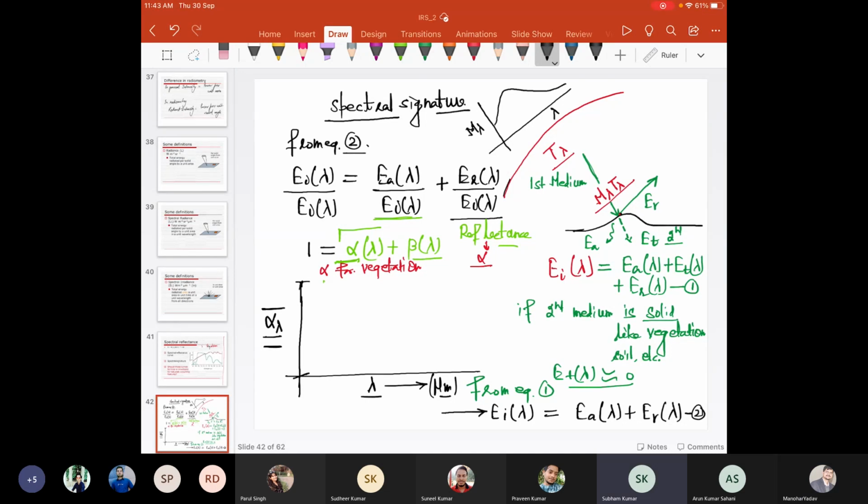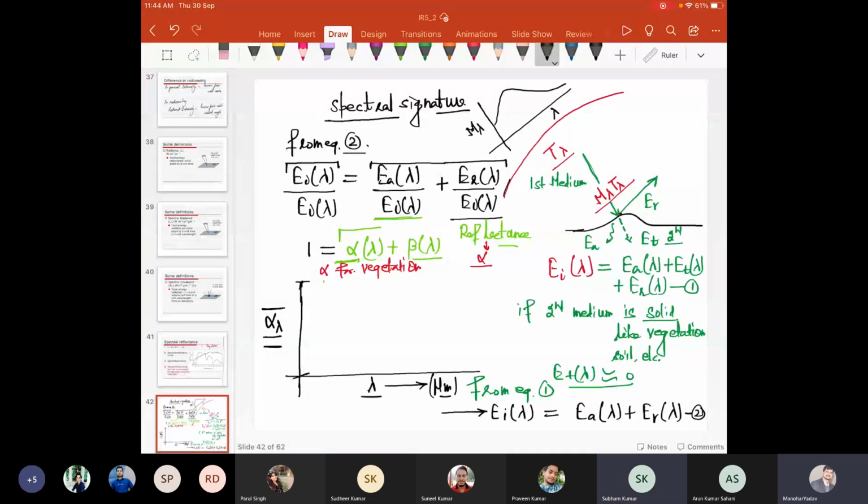The summation of reflectance and absorption is equal to 1. So that means if reflectance is 0, then absorption is 1. Correct. So overall, this EI, this incident energy, is redistributed into two forms: absorbed and reflected.